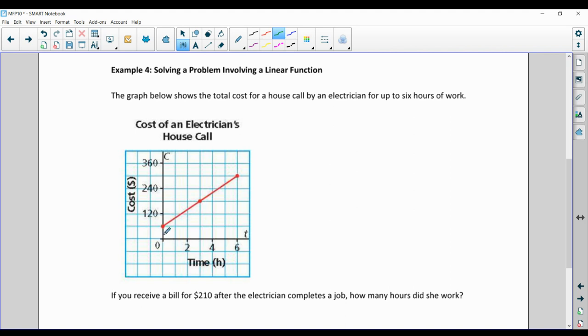And this appears like it's going up by 60. So this would be 60, 120, 180. So 210 would be halfway. So 210 would be about here, if I'm going to guess. So if I go all the way over here and then try to go down, I would say that my estimate would be about 4 hours.